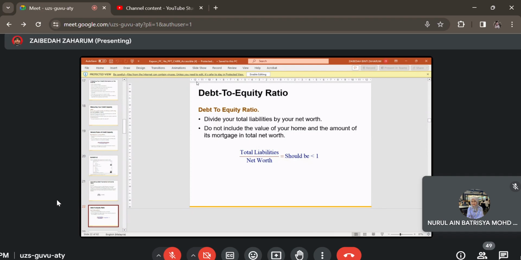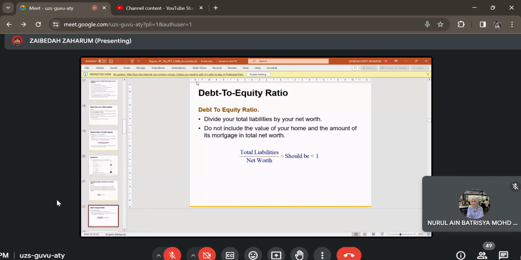So sini, do not include the value of your home and the amount of its mortgage in total net worth. Maknanya kat sini kita just ambil total liability daripada short term liability sajalah, and then kita bahagikan dengan kita punya net worth. And then this ratio you should get less than 1.